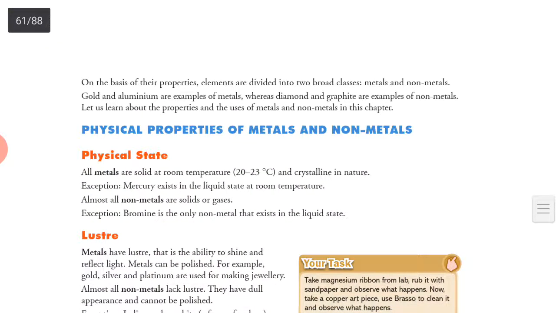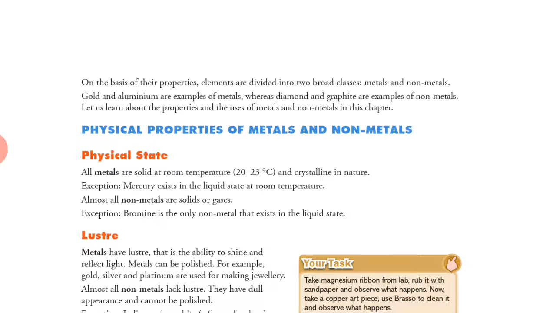On the basis of their properties, elements are divided into two broad classes, metals and non-metals. Gold and aluminium are examples of metals, whereas diamond and graphite are examples of non-metals. Let's learn about the properties and uses of metals and non-metals in our chapter number 4.